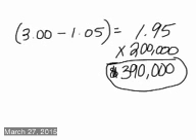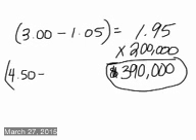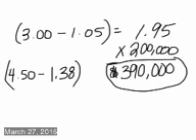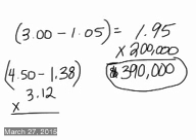The second one, we're selling it for $4.50, but our cost for that one is $1.38. What's $4.50 minus $1.38? $3.12. And we're estimated at selling 150,000 of those.